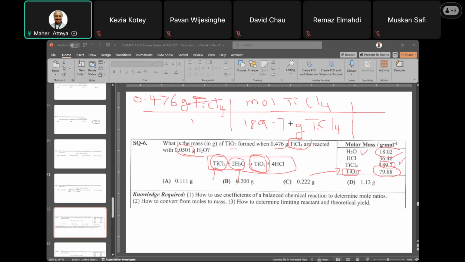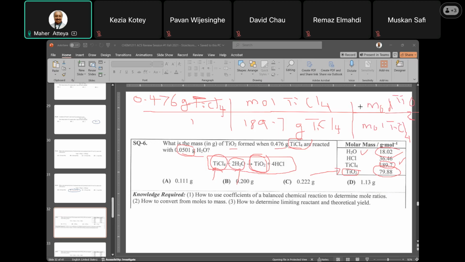The next step is to get mole of TiCl4 out, the mole of Ti. To mole of my product, the product is the oxide itself, TiO2. What's the mole ratio here?